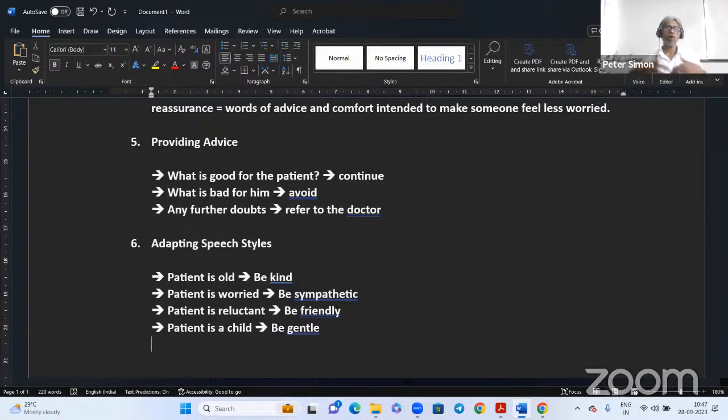You should not be very bossy, like a boss: I know everything, you listen to me. That's not the style. And for age groups, like older age, according to the psychology of the patient, you have to relate.